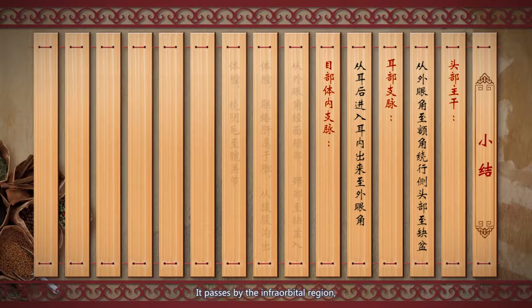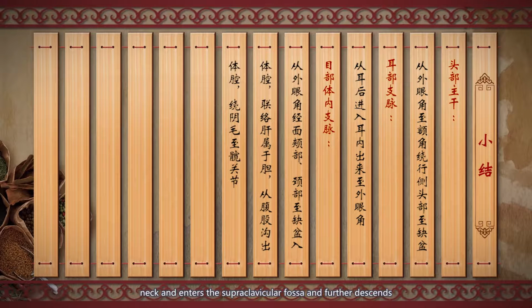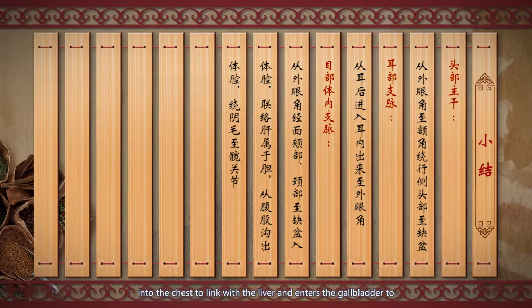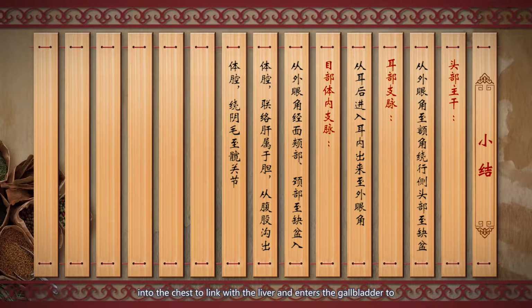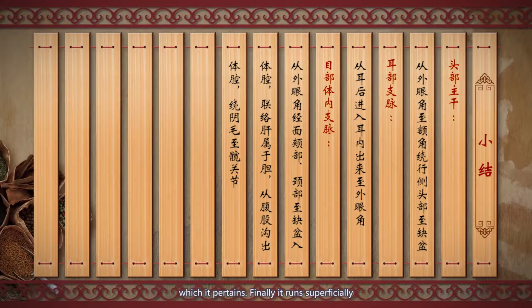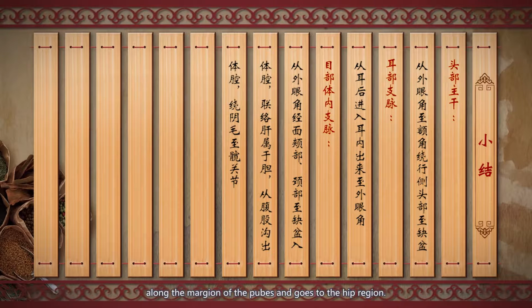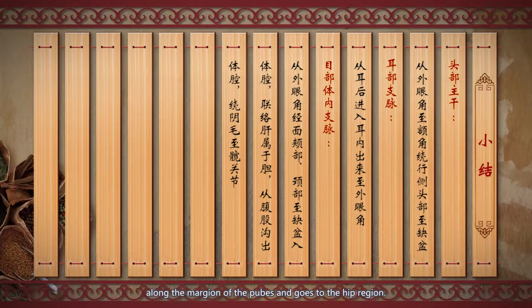It passes by the infraorbital region and neck, and enters the supraclavicular fossa, and further descends into the chest to link with the liver, and enters the gallbladder to which it belongs. Finally, it runs superficially along the margin of the bones and goes to the hip region.